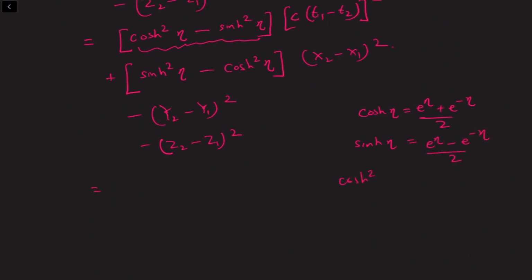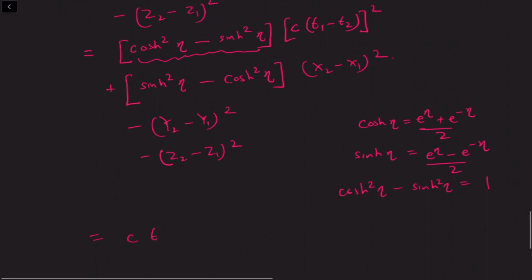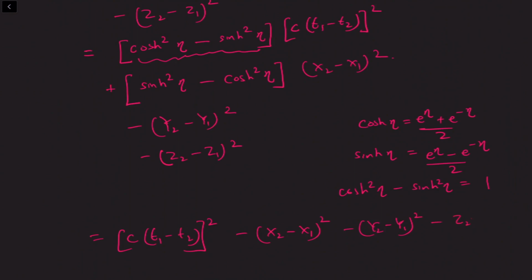And cosh square eta minus sinh square eta is 1 no matter what the value of eta. So therefore, this expression is just c(t1 minus t2) whole square minus (x2 minus x1) whole square minus (y2 minus y1) whole square minus (z2 minus z1) whole square.